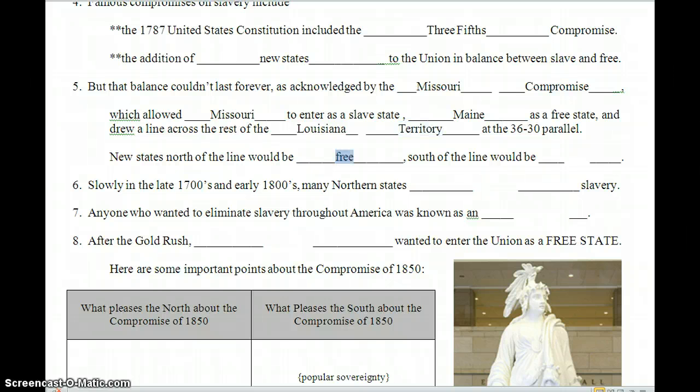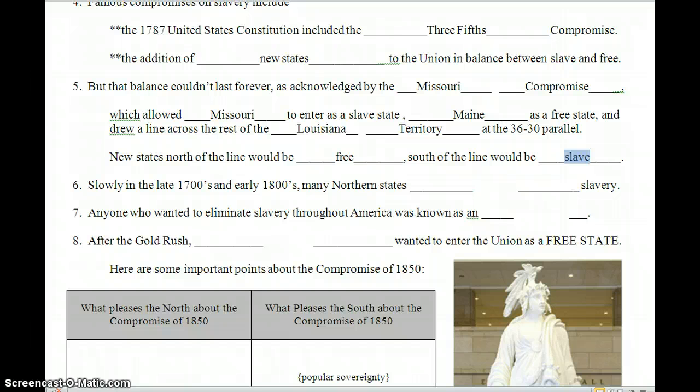Any new states south of that line would be slave. And we thought for a while that would kind of settle things. Southerners agreed to the compromise, Northerners agreed to it. Neither side gets exactly what they want, but it does help solve our problems for a little while. It gave us another 30 or 40 years to solve our differences over slavery.